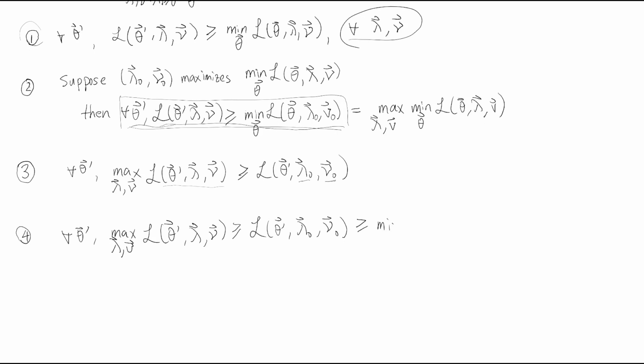So this is greater than or equal to the min over theta of L of theta, lambda 0, nu 0. And finally, this is equal to max over lambda and nu of min over theta of L of theta, lambda, nu.